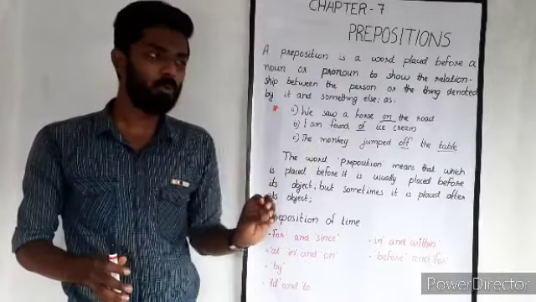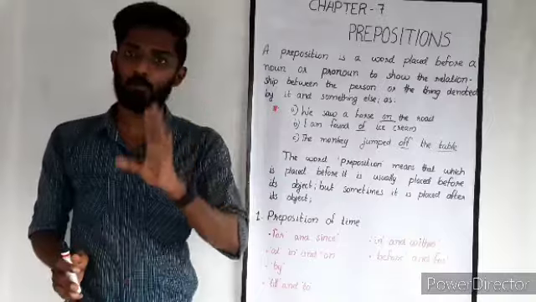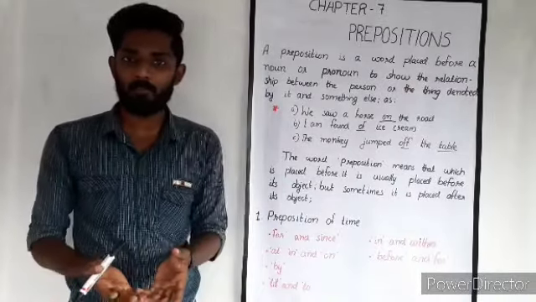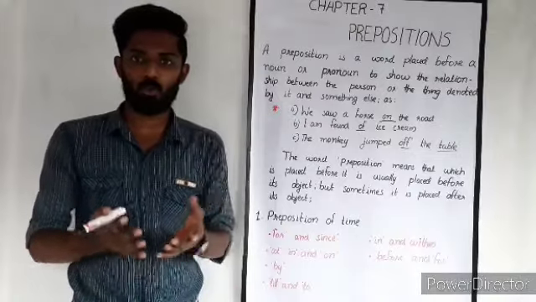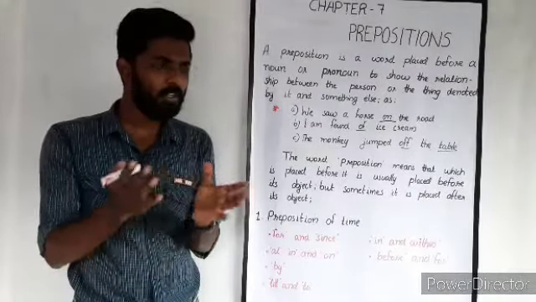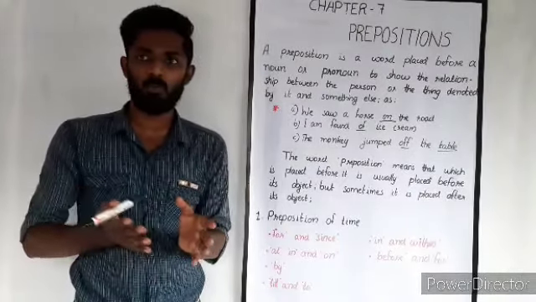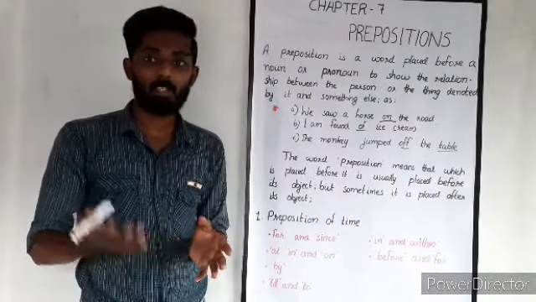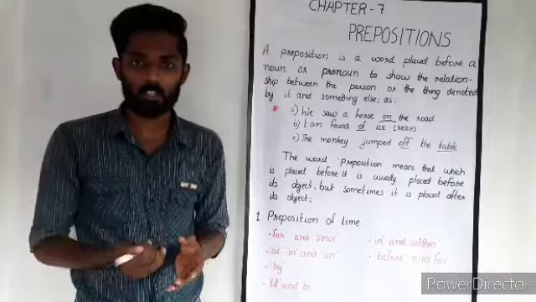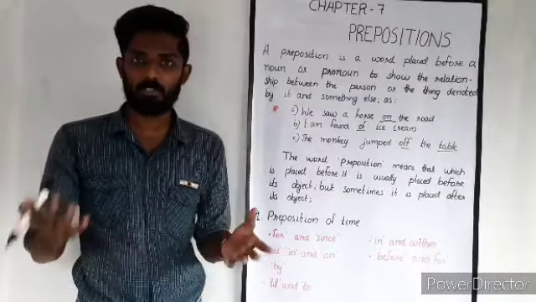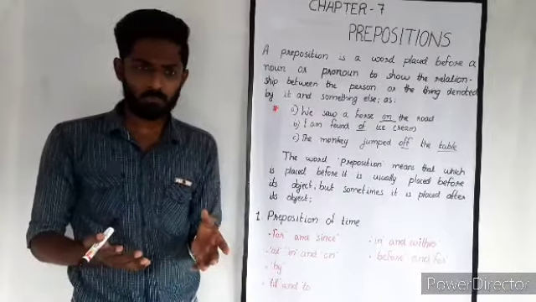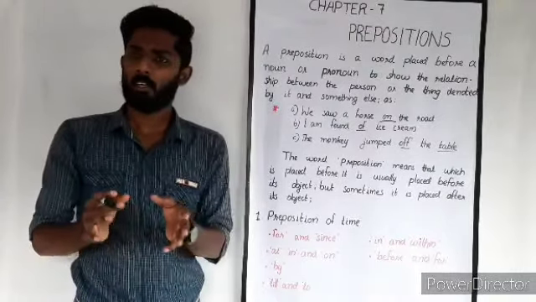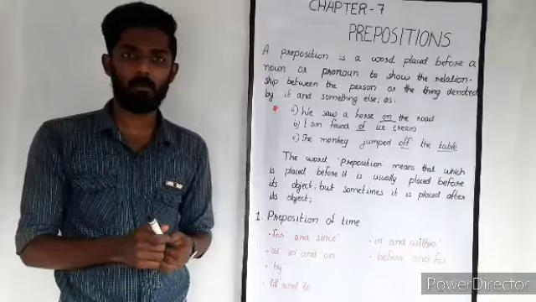And we move on to the uses of prepositions, for example, the preposition of place, preposition of time, and so on. There are different prepositions, for example, at, in, on, for, since, and so on. We will know what their use is and the other things which we should keep in mind.